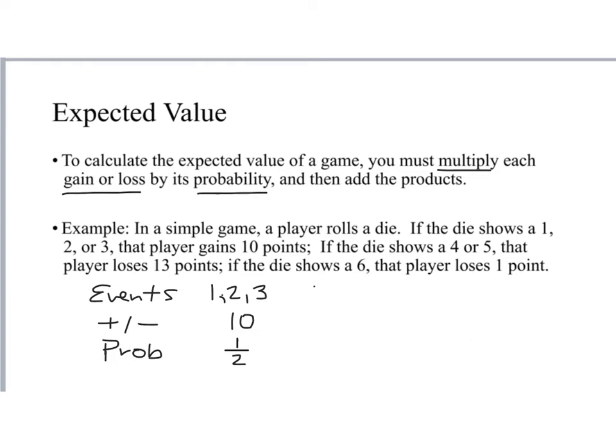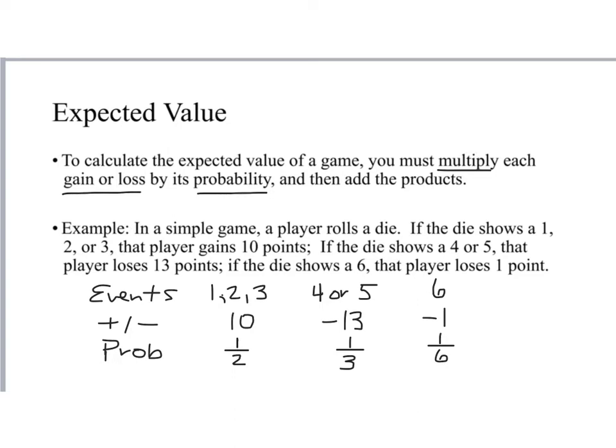Another event would be the die showing a 4 or 5. They're going to lose 13 points. That probability is 2 out of 6, or 1/3. And the final event is showing a 6. That player is going to lose 1 point, and that probability is 1 out of 6.